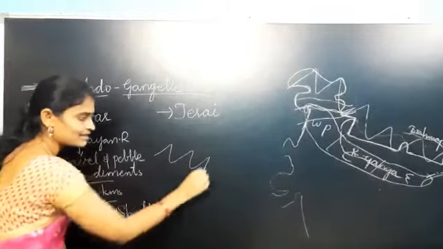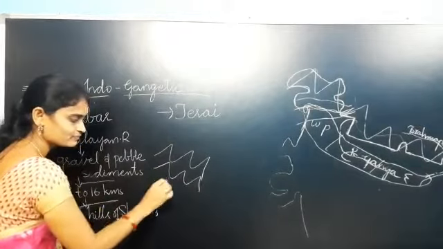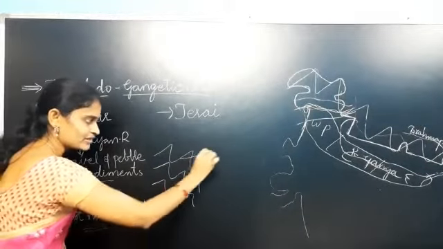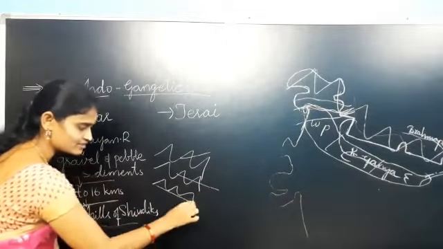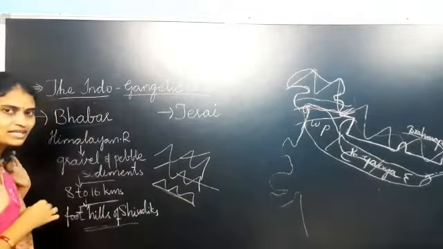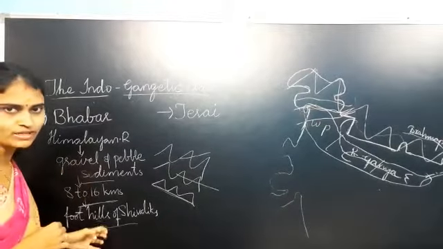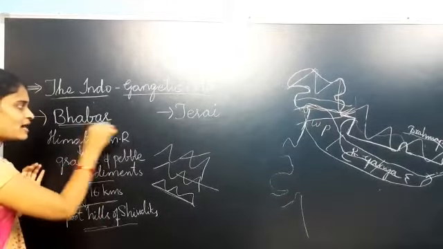There are 3 parallel ranges of Himalayas: Greater Himalayas, Middle Himalayas and the Shivaliks. At the foothills of Shivaliks, these sediments are formed, and this is known as Babur.